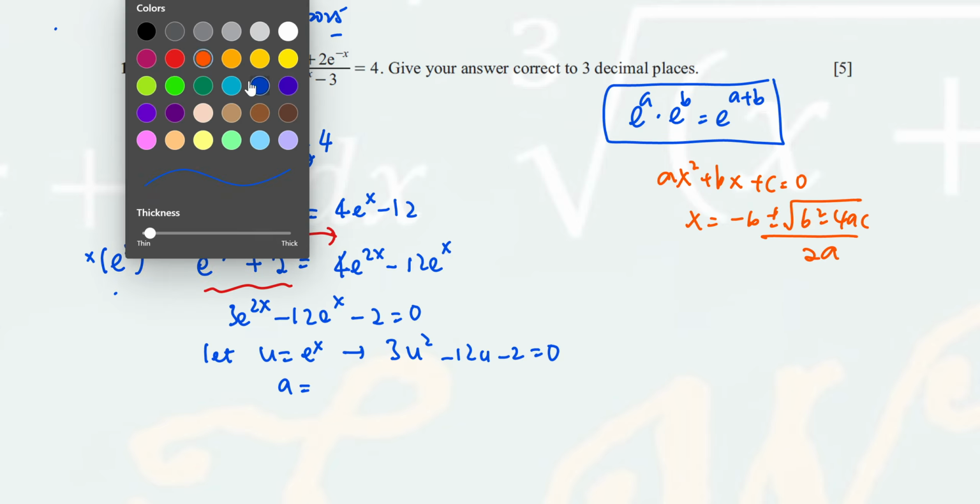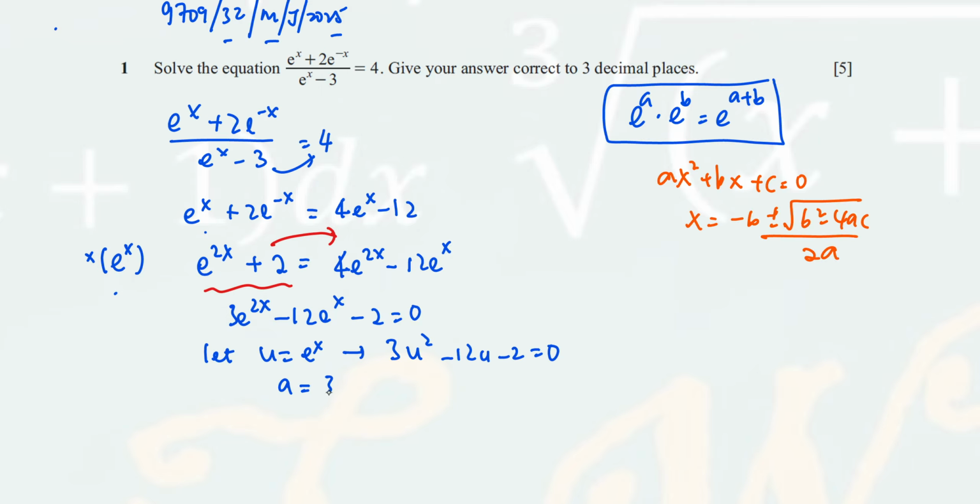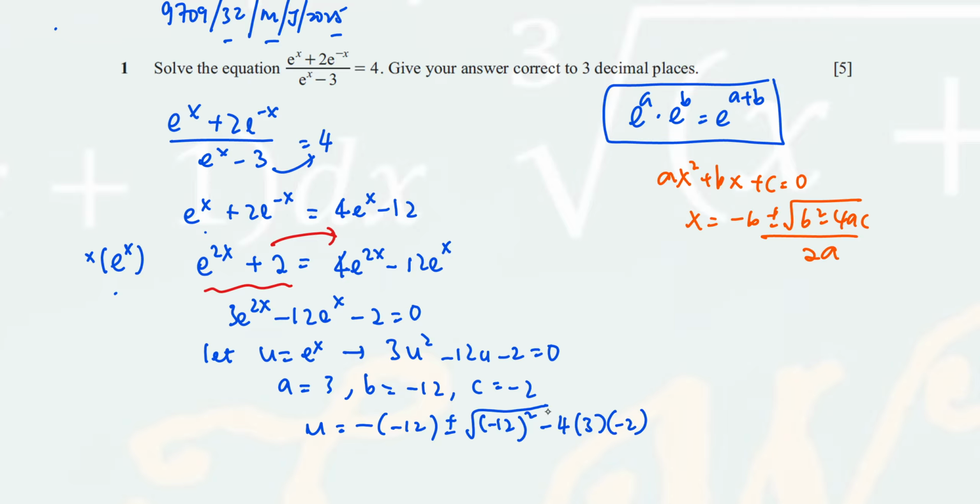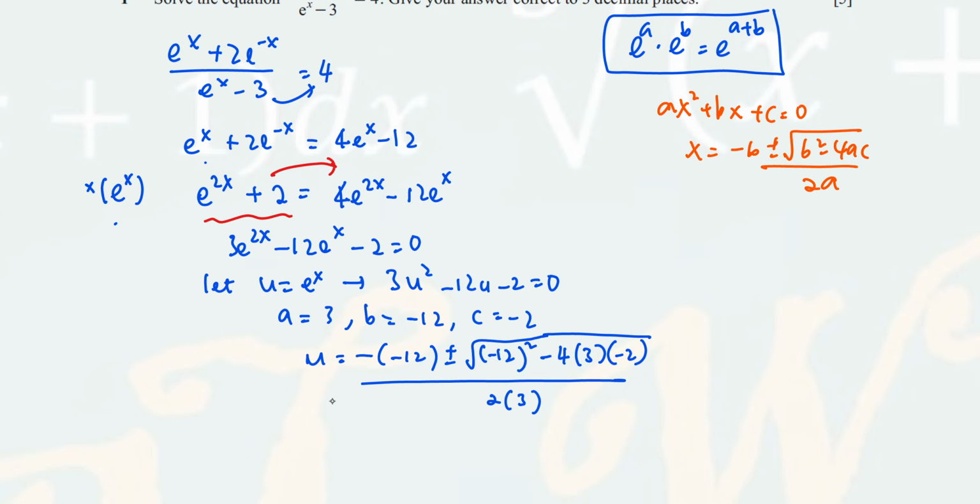Okay, then now using this formula, you will be getting a equals 3, b equals negative 12, c equals negative 2, and hence my u is going to be minus of minus 12 plus minus square root of minus 12 squared minus 4 times 3 times negative 2, then over 2a.